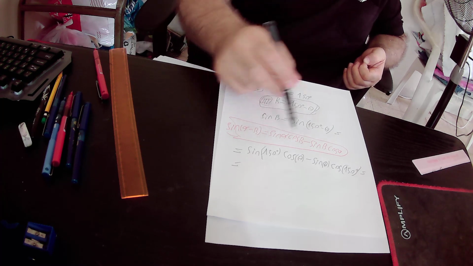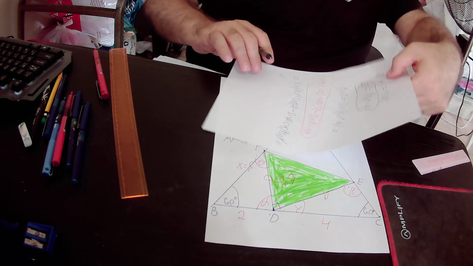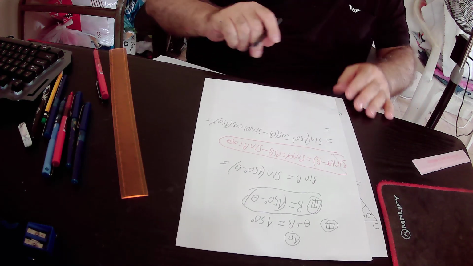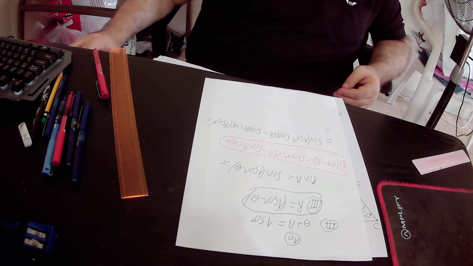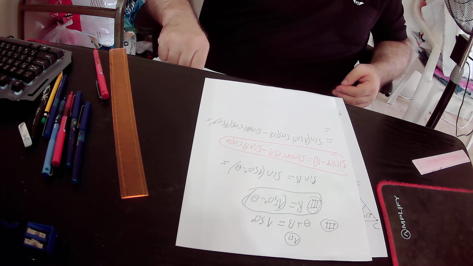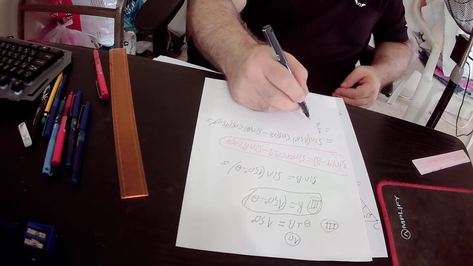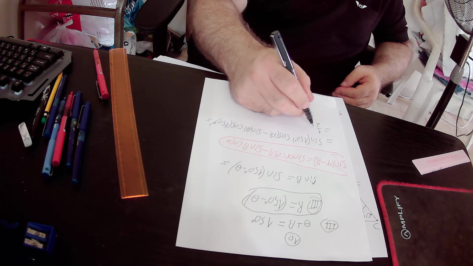So we got this equality, but what is the value of sine 150 degrees? The value of sine 150 degrees is 1 over 2 times cosine theta.